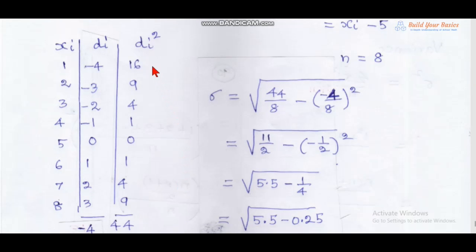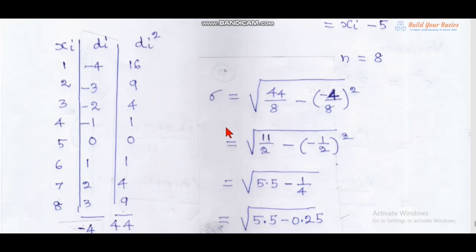Di square: minus 4 whole square 16, minus 3 whole square 9, minus 2 whole square 4, minus 1 whole square 1, 0 square 0, 1 square 1, 2 square 4, 3 square 9. Sigma di square is 44.